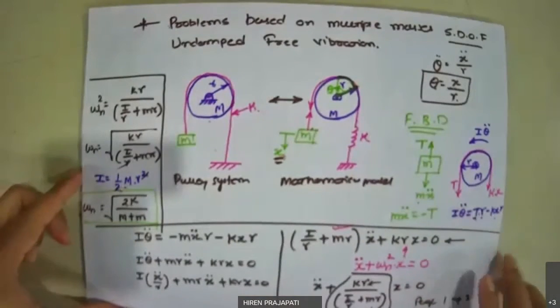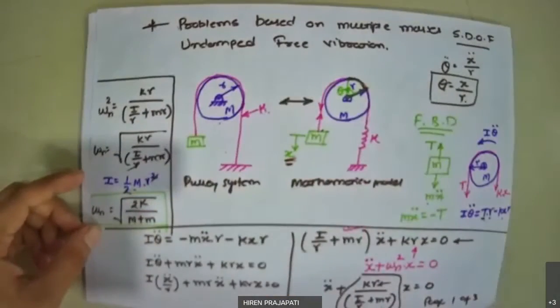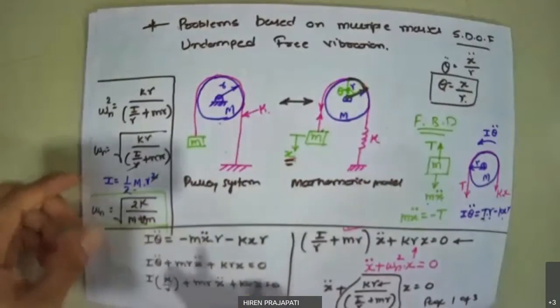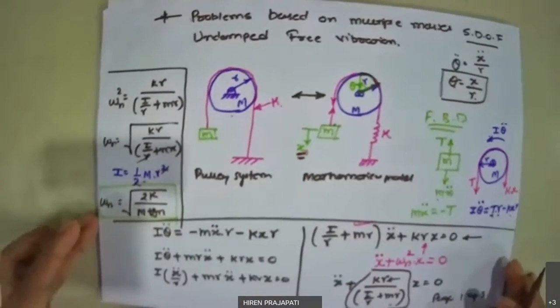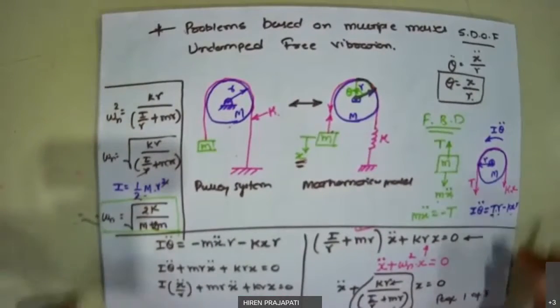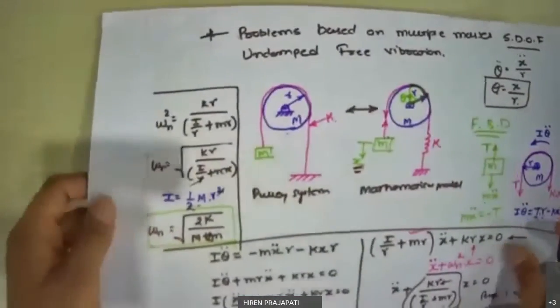And we got the natural frequency equation as 2k by capital M times 2 small m. This is what we derived in the previous lecture. In line with this, we move further with a new problem.